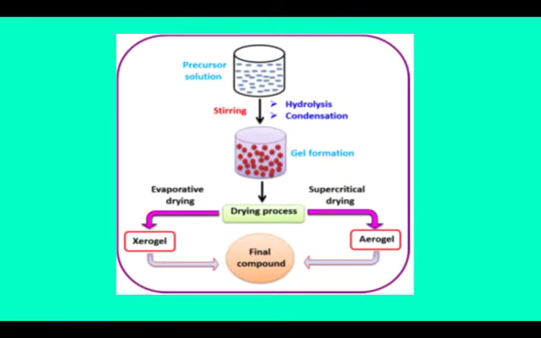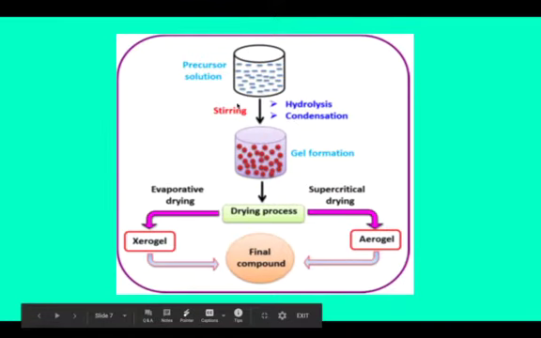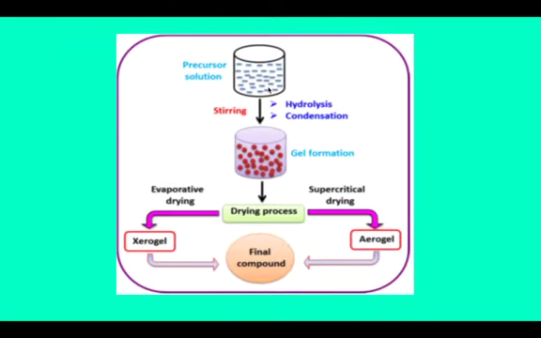Now this represents the diagrammatic representation of sol-gel process. Here the precursor solution will be taken. Precursor solution is metal alkoxide. It is dissolved in alcohol and to that water is added, whereby hydrolysis takes place. Sol thus produced is subjected to polycondensation reaction, whereby it results in the formation of gel.